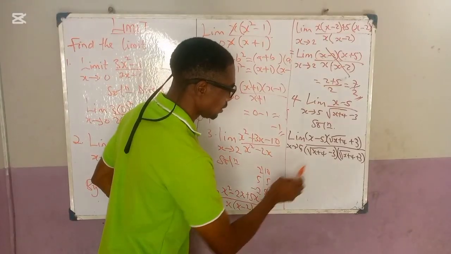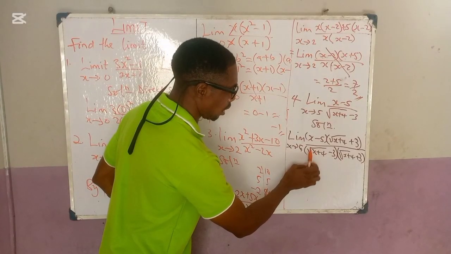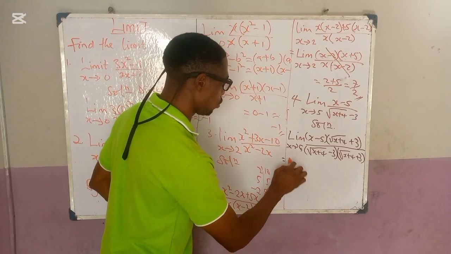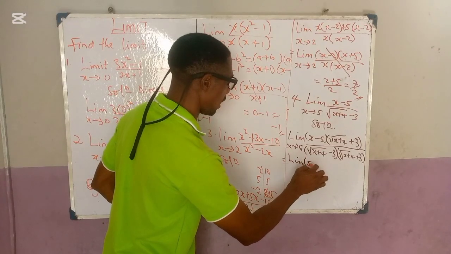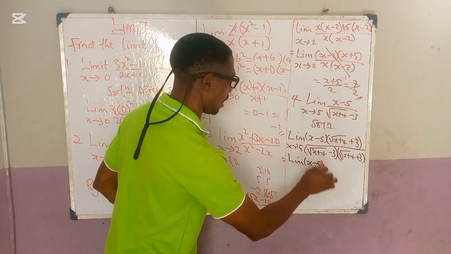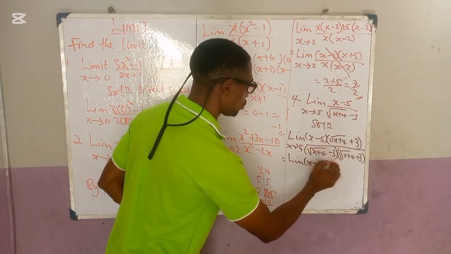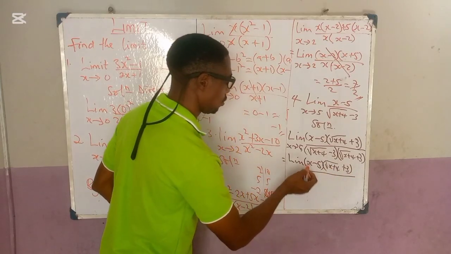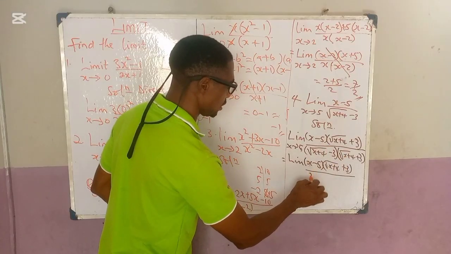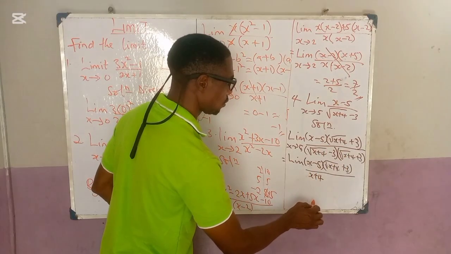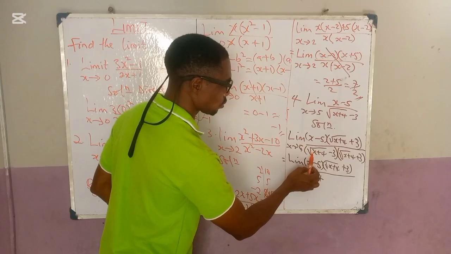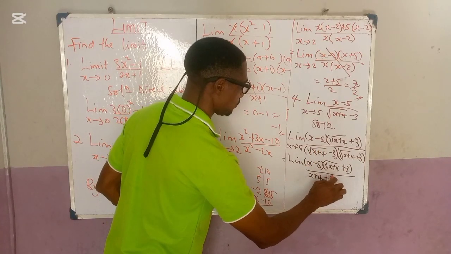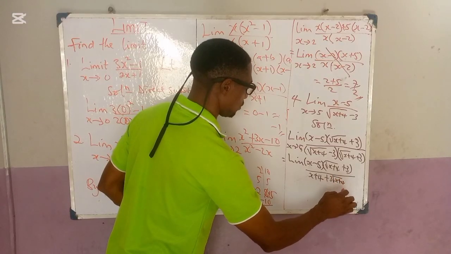Okay, if I multiply that, this square root times this square root will give me, this is equals to limit x minus 5 into root x plus 4 plus 3, over this times this will give me x plus 4, this 3 times this root will give me plus 3 root x plus 4.